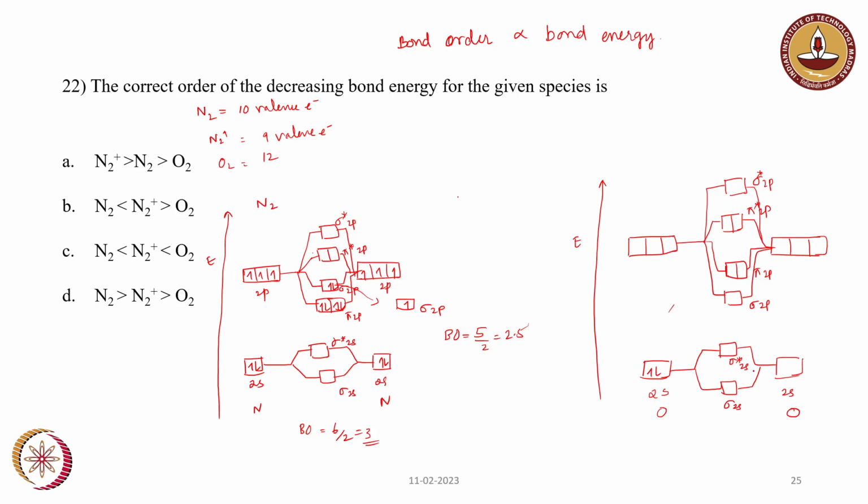So oxygen has 6 valence electrons, 2 in 2s and 4 in 2p.